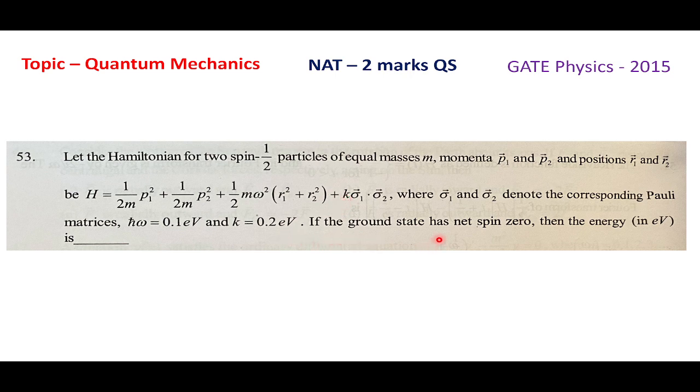If the ground state has net spin 0, then the energy in electron volt is... so basically you have to find the ground state energy with these values.